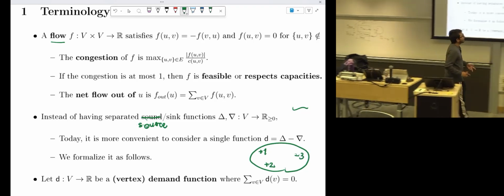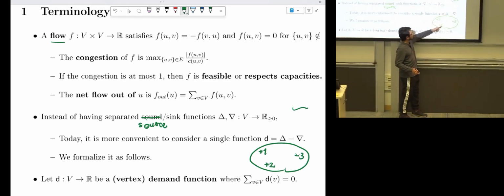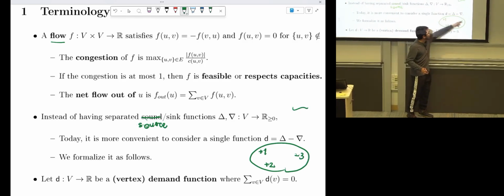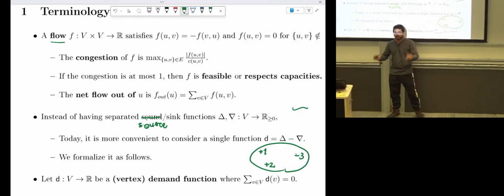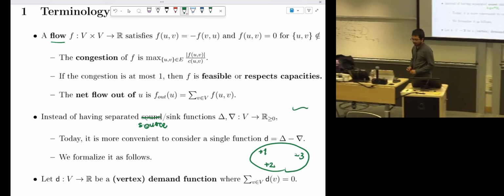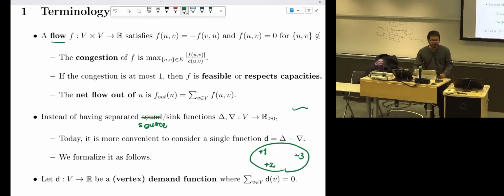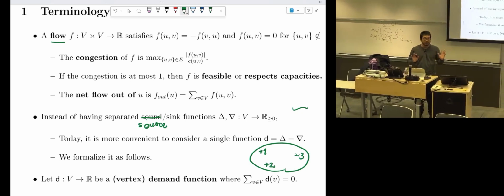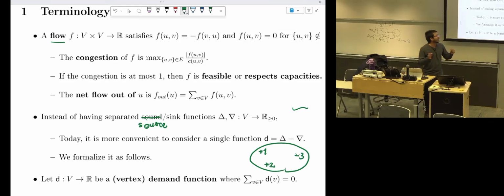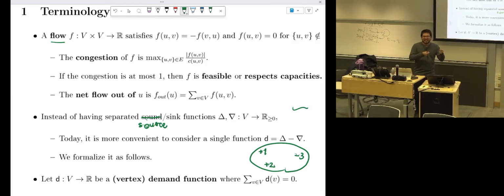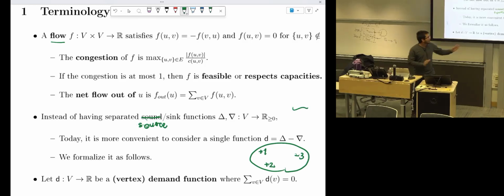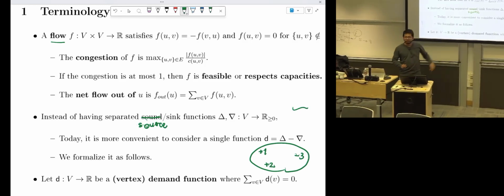This just means I have source 1, source 2 here, and I want to send to this sink. Okay, that's the intuition, and it should sum to 0. If it doesn't sum to 0, then there is going to be some remaining unit that cannot be sent. So this thing should sum to 0.